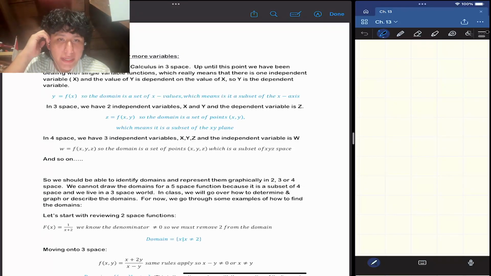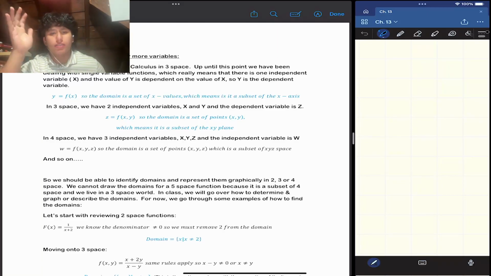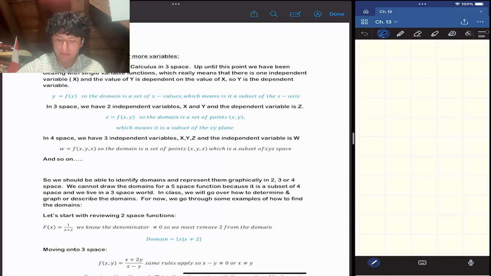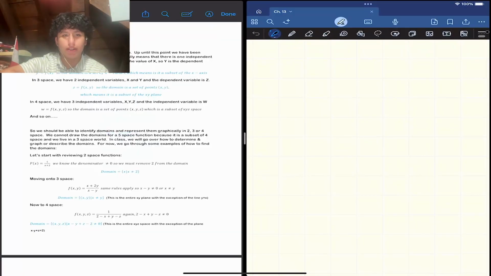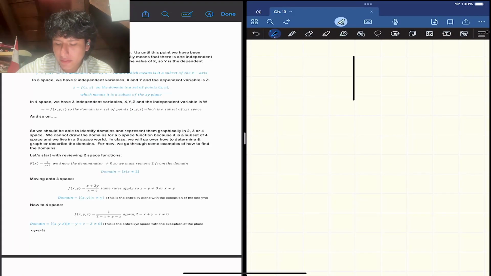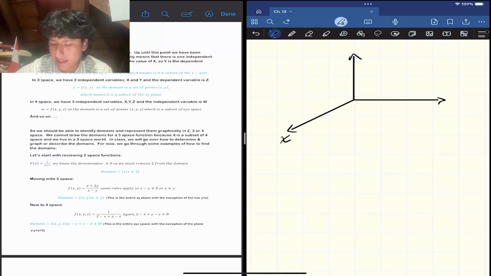Depending on what points you pick, it's going to be a set of points that belongs to that xy plane. So I guess I could probably draw it out. For example, if you're given an xy plane like this, this would be your x, this would be your y, this would be your z.